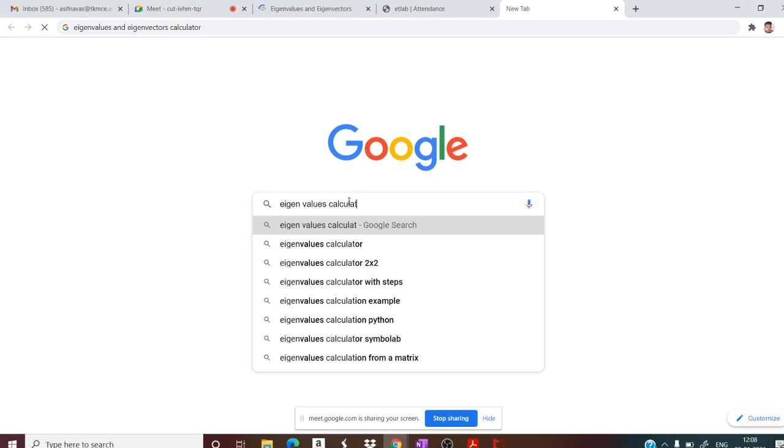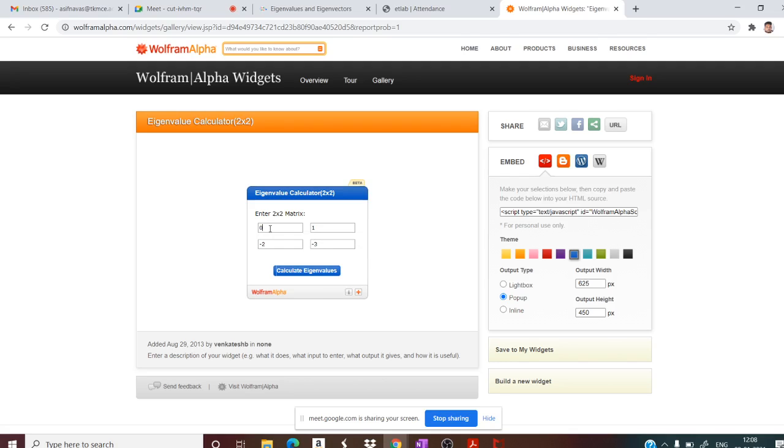It is a 2 by 2 matrix, so let us calculate using some software. What are the elements? The first element is 1, then 2, 0, 3.